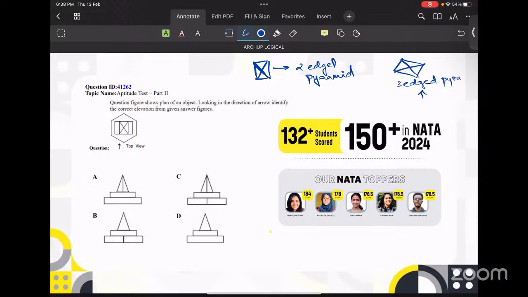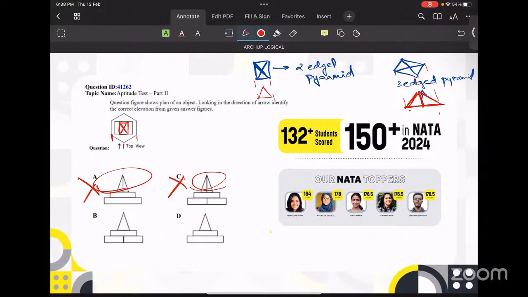What are these edges? Two-edged pyramid means two edges in the vertical direction like this. Three-edged pyramid means you can find three edges in the vertical direction. That makes a difference. Now coming to this question, what do we have? We have a two-edged pyramid, so three-edged pyramids are wrong. Easy to spot. We have a prism.